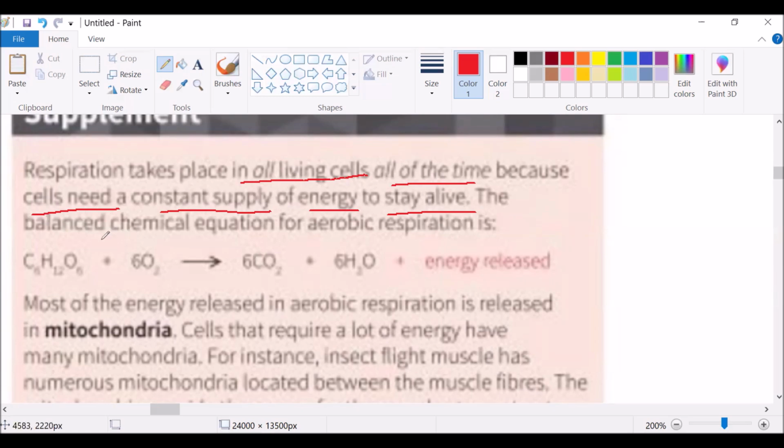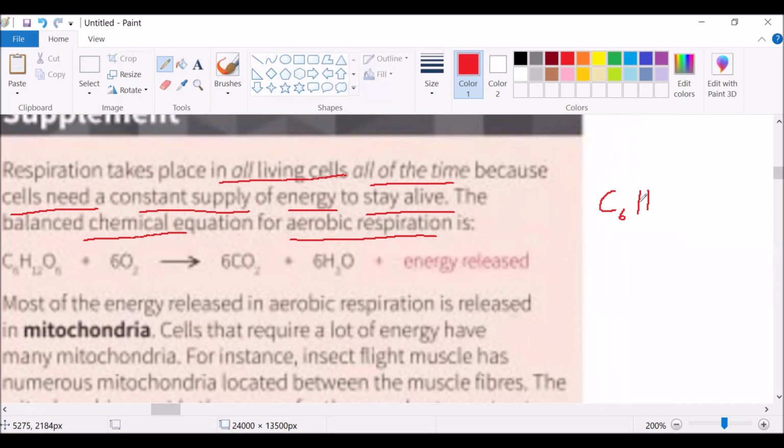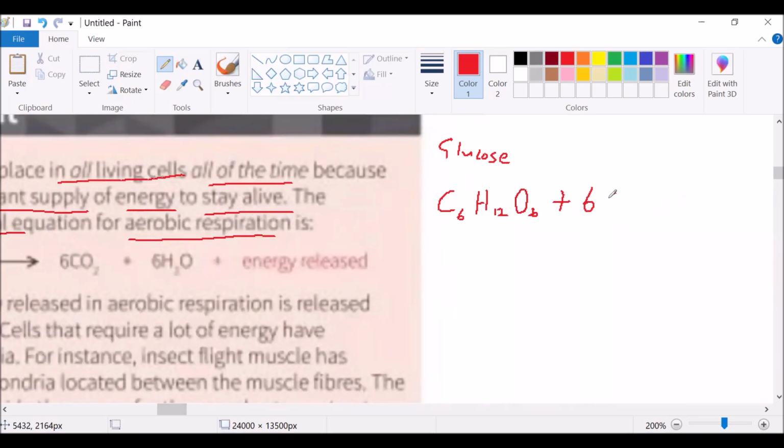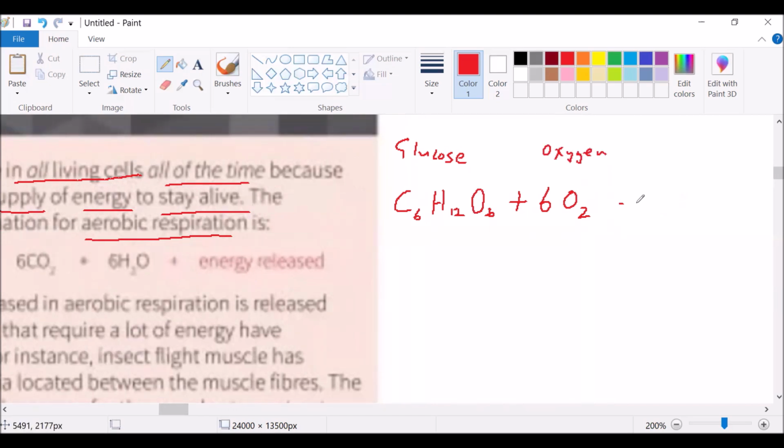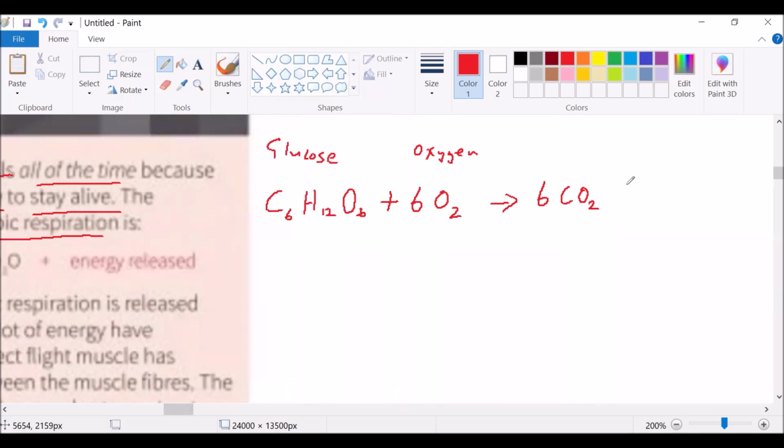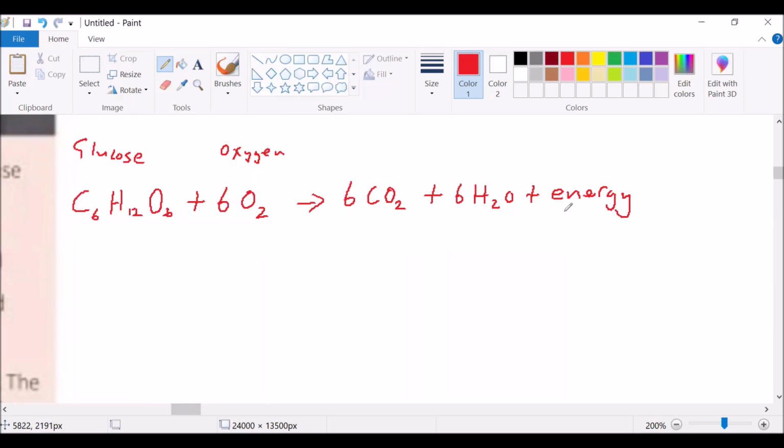The balanced chemical equation of aerobic respiration is C6H12O6, which is the formula for glucose, plus 6O2, which means 6 oxygen molecules, to give us 6 carbon dioxide molecules, plus 6 water molecules, plus energy. So this is the balanced chemical equation for respiration.